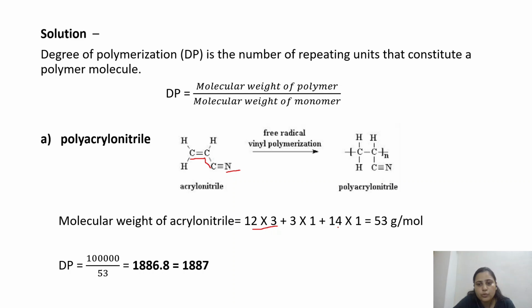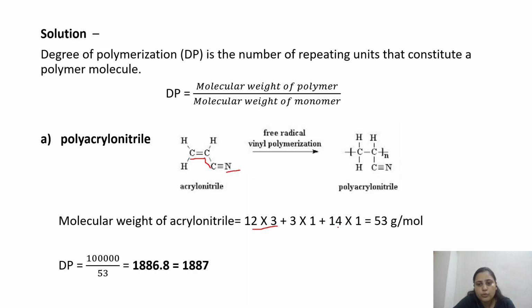We calculate, and the value is 53 gram per mole, the acrylonitrile's molecular weight. Now, for calculating dP, the degree of polymerization, we will divide the given molecular weight of the polymer, which is 1 lakh, by 53, which is the monomer acrylonitrile's molecular weight.